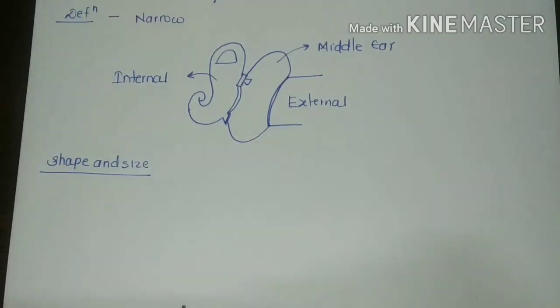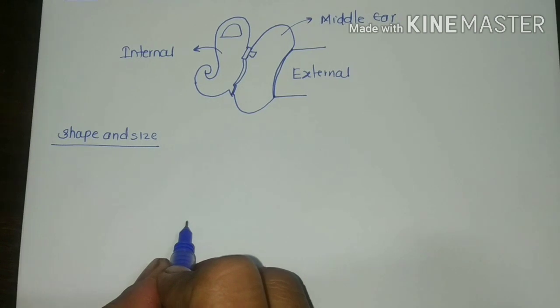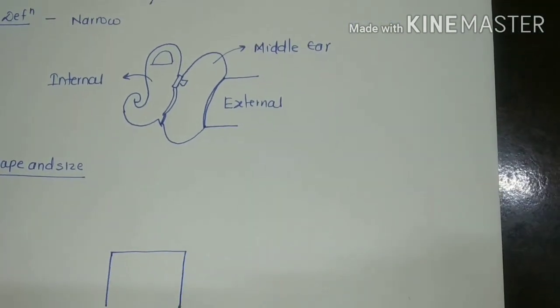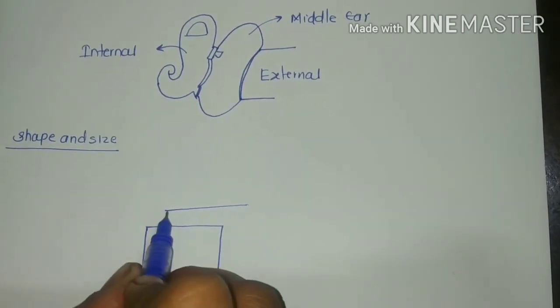The middle ear is compared to a cube because it is shaped like a cube. So if we see the middle ear schematic diagram, we can go to the cube.